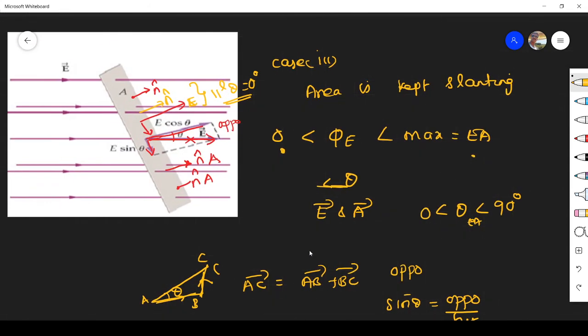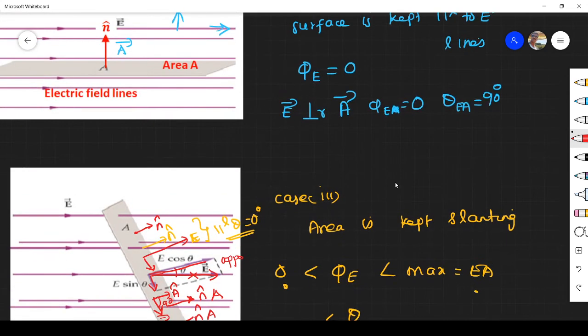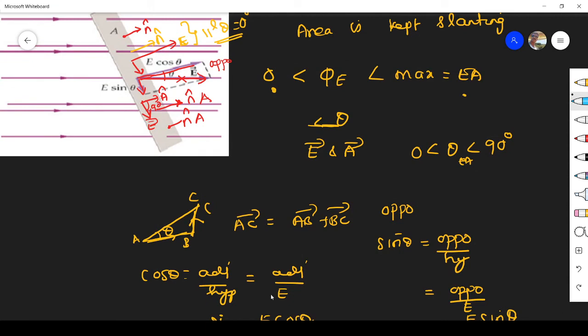But you see E sin theta is on this side, but N, that is the area, is going on this side. Both are perpendicular. So E and A are perpendicular. E and A perpendicular means what is the angle? 90 degree. So flux is 0. So this component contributes nothing.